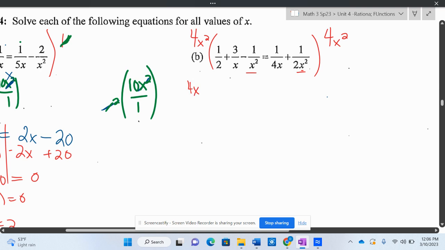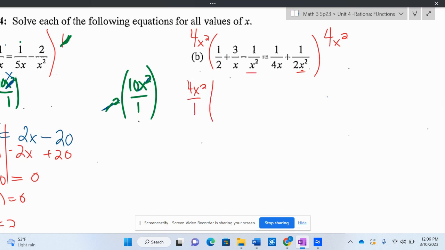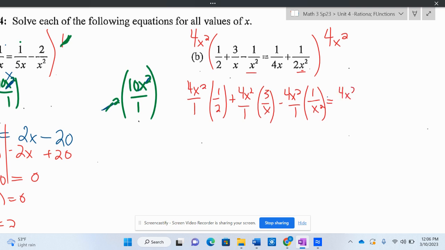This means 4x squared over 1 times 1 over 2 plus 4x squared over 1 times 3 over x minus 4x squared over 1 times 1 over x squared equals 4x squared over 1 times 1 over 4x plus 4x squared over 1 times 1 over 2x squared.